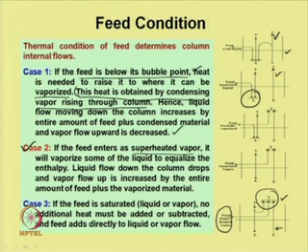Similarly, if the feed is saturated vapor, the vapor flow will be added to the top of the feed tray, and the liquid flow in both sections remains the same. And if it is a vapor and liquid mixture, partially vaporized, then it will divide into two sections, so the liquid flow and the vapor flow for both sections will change.